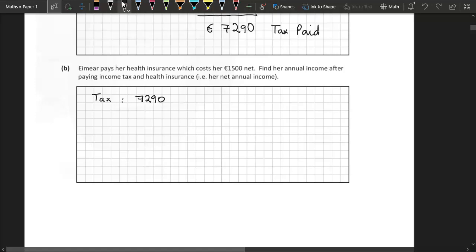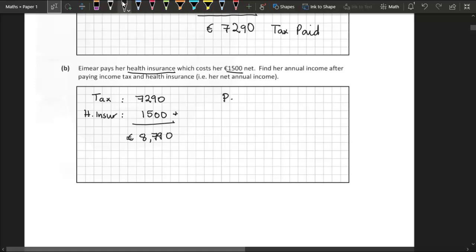But then it's also saying that her health insurance is costing her 1,500 euros. Again, this is all money going out. So we're going to add those two and we get a total of 8,790. So her total outgoings is 8,790.